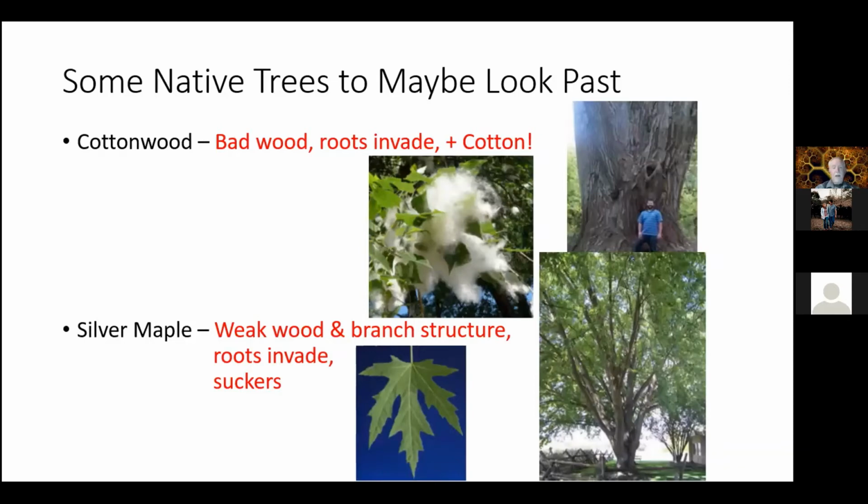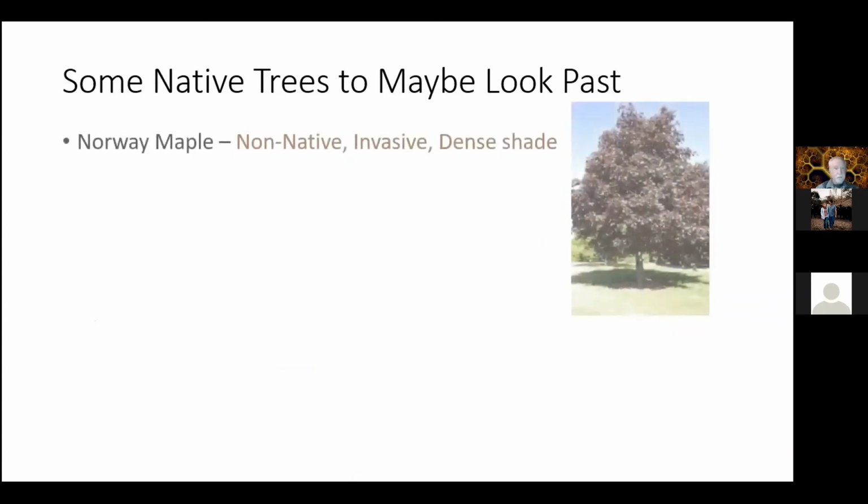And then they do pop up suckers, and they're also quite prolific at spreading via their helicopter seeds. I was pulling hundreds of them from my yard this last season, even though my neighbors cut down their immense silver maple several years ago. So they can be a pain too.